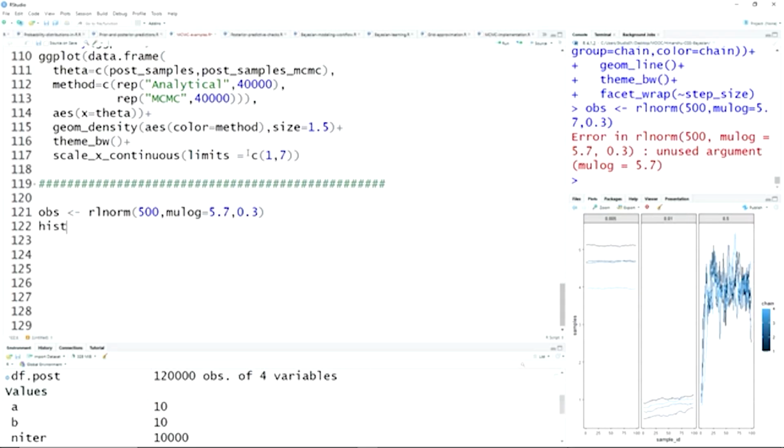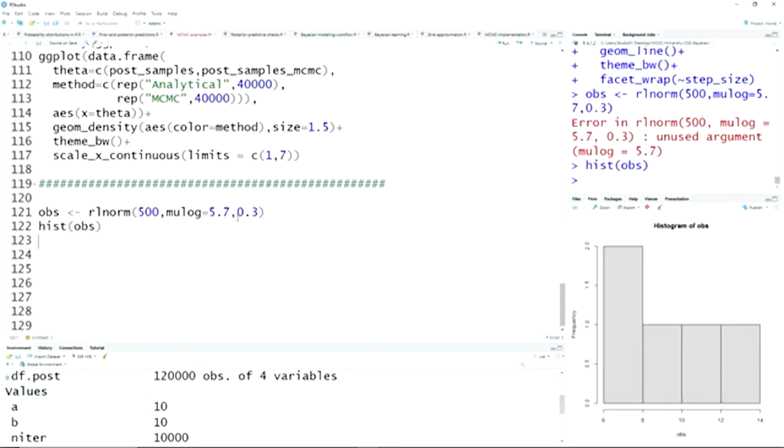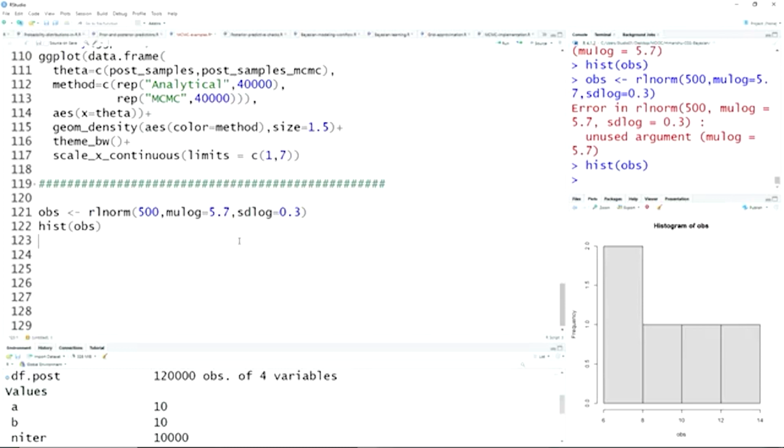Okay, so these are the observed reaction times on a task. Oh, looks different. Just write it like this.